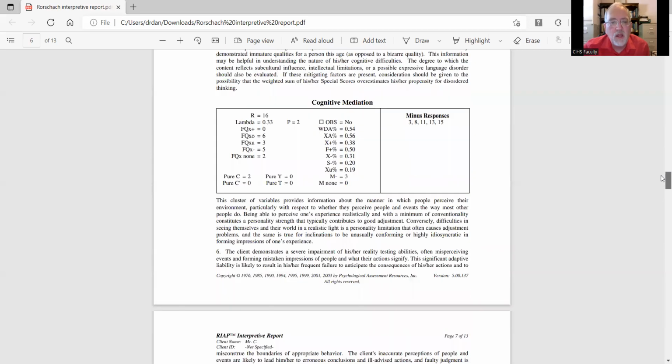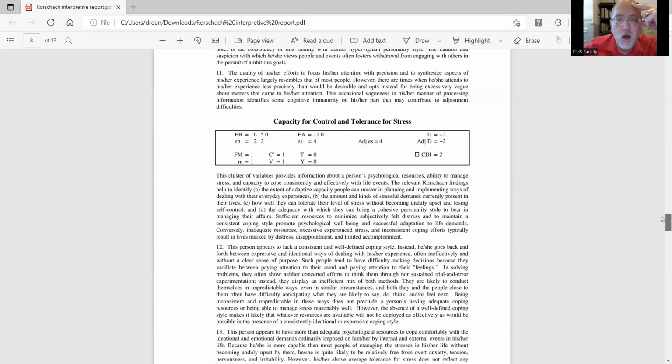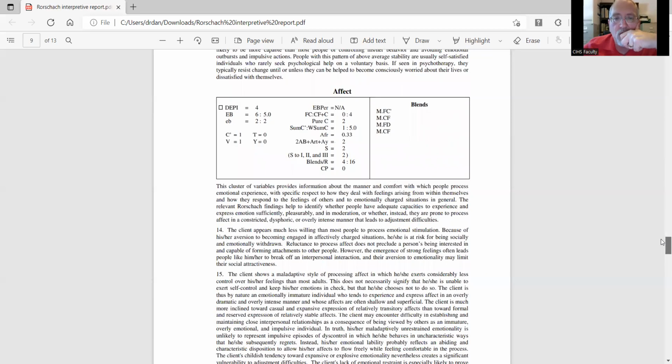Cognitive mediation, those would be variables that provide information about the manner in which this person perceives their environment, whether they see things the way most people do. Information processing, the degree to which the person focuses their attention and how they organize their experiences. Capacity for control and tolerance of stress, that's somewhat self-explanatory.